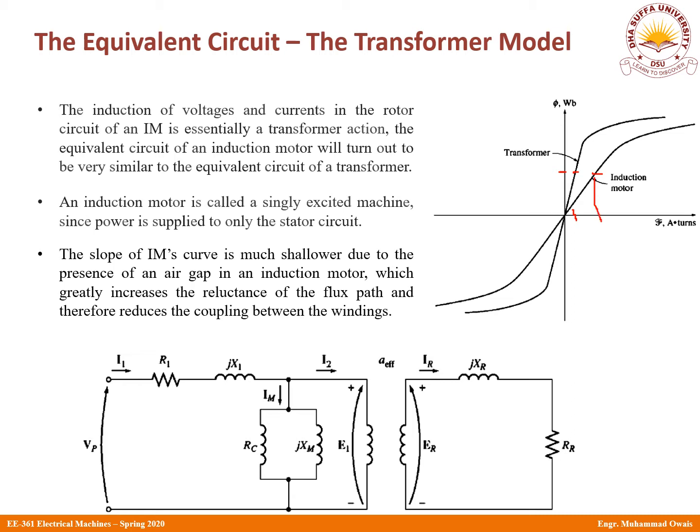So now you see that the magnetomotive force required for the induction machine is much larger as compared to the magnetomotive force for a transformer. So this essentially means that more current has to be passed, more magnetizing current will be required in order to produce the same flux level. Let's discuss this further in our next slide.